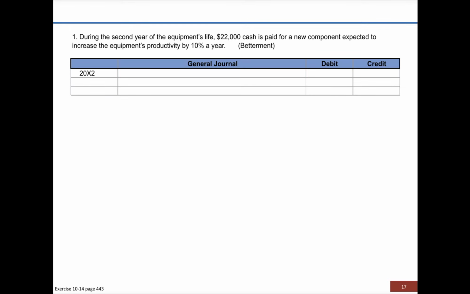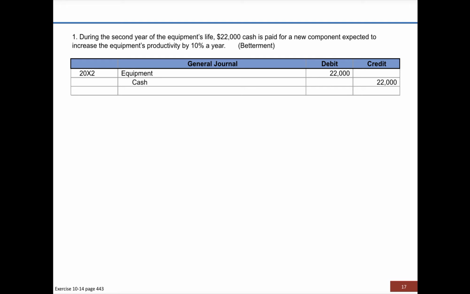Okay, so for the first one, we've got $22,000 for a new component expected to increase the equipment's productivity by 10% of the year. In parentheses, you see betterment there. We're basically saying we're improving the quality of this asset and fundamentally changing its nature to be better. So this is going to be something that gets depreciated. You can also look at the amounts and say, okay, $22,000, depending on the company, may be a significant amount.